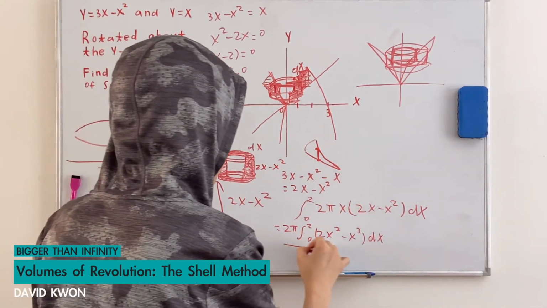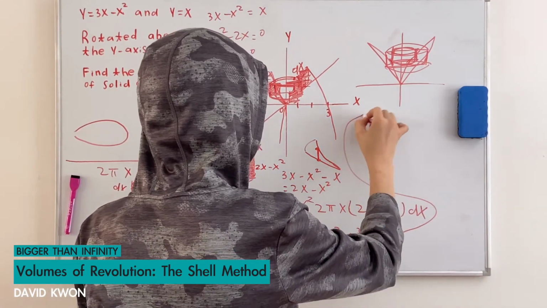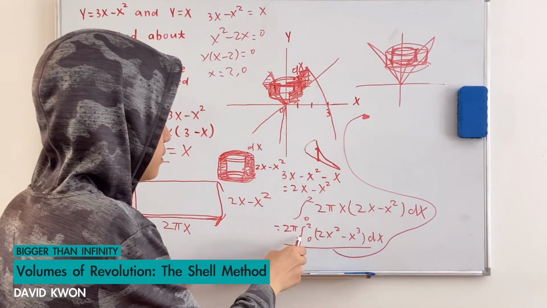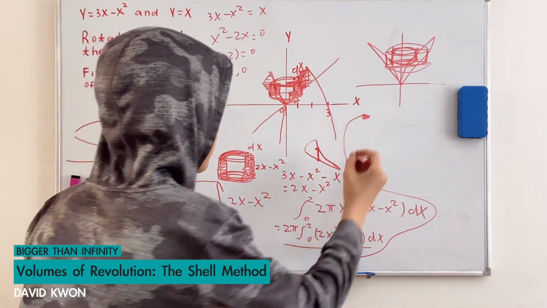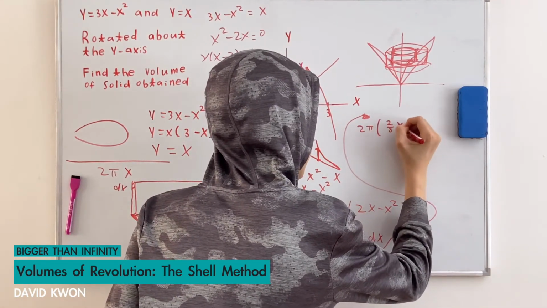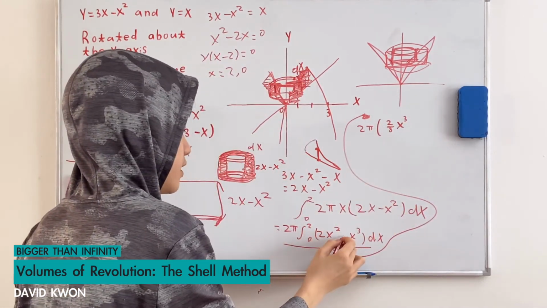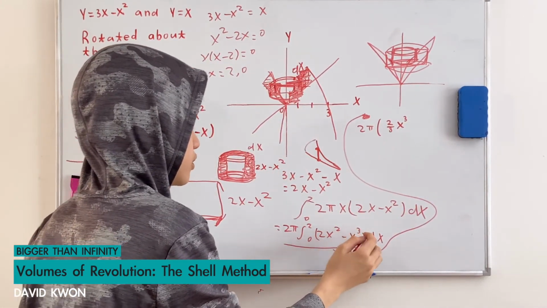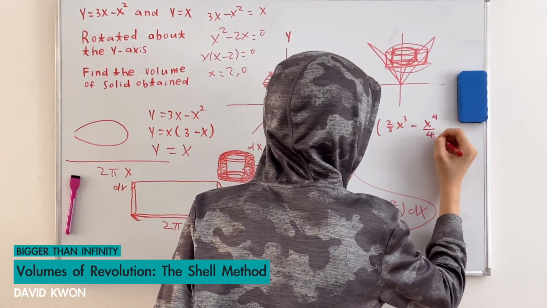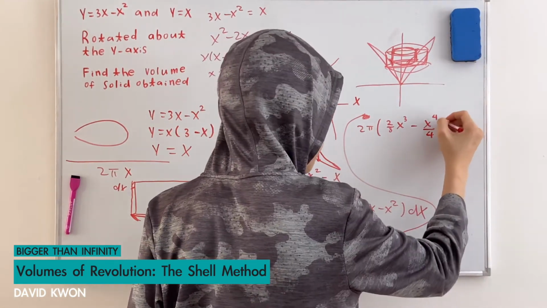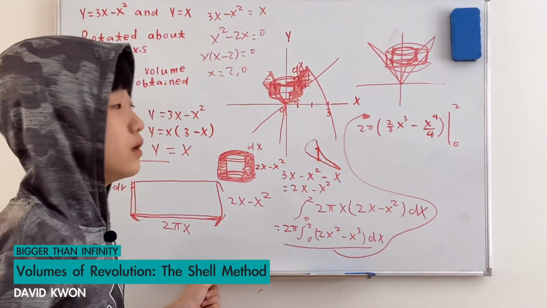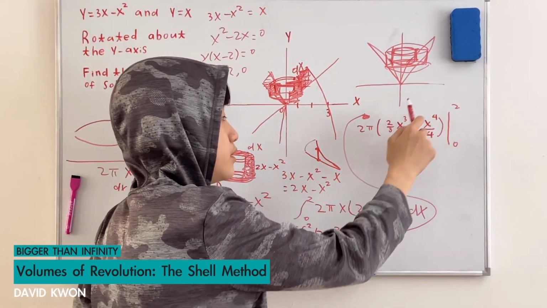Okay, we don't have room, so we will bring this whole thing up here. The integral of 2 times x squared is 2 over 3 times x to the power of 3, and the integral of minus x cubed is minus x to the power of 4, divided by 4. Of course, we still have the interval 0 to 2. I will substitute it in now.